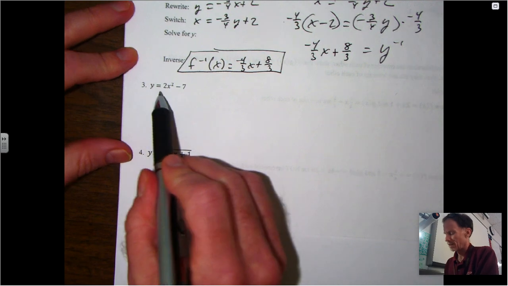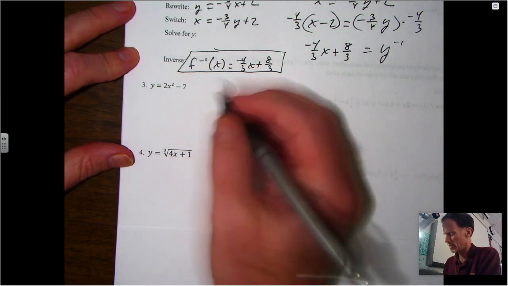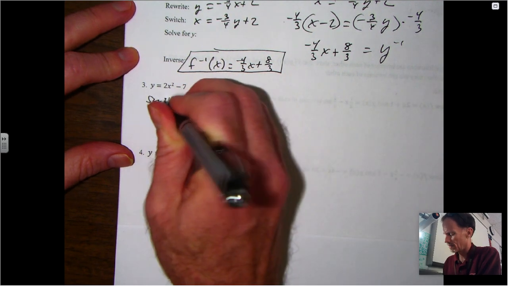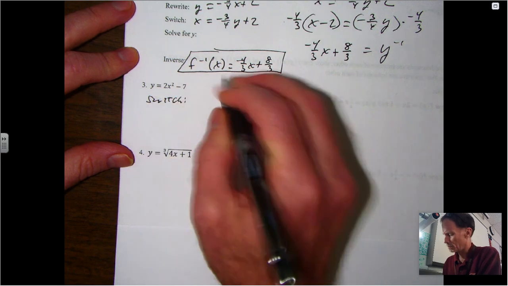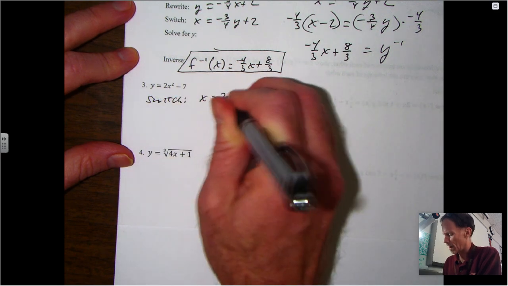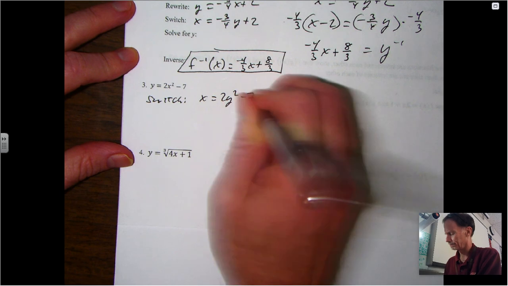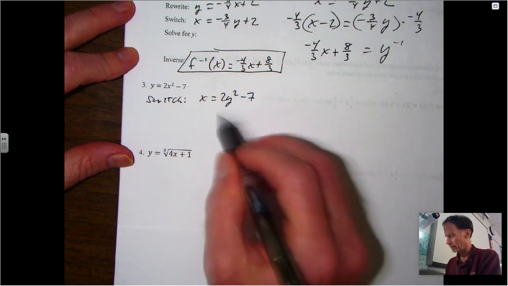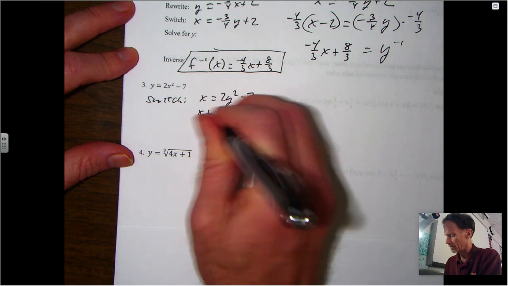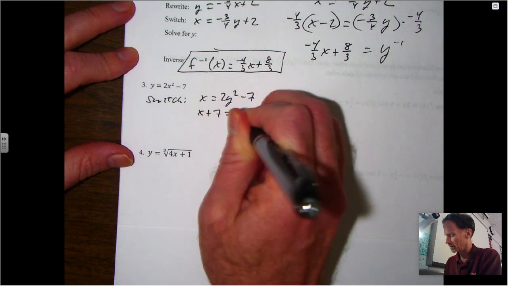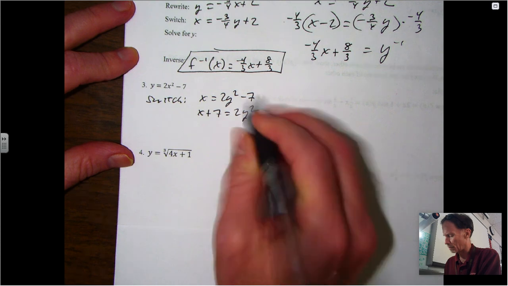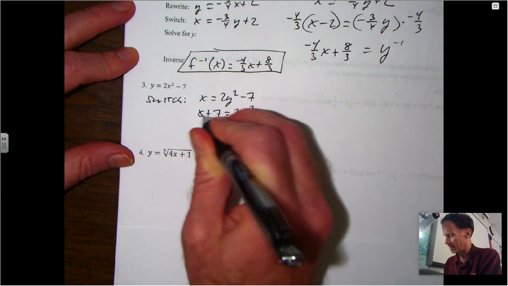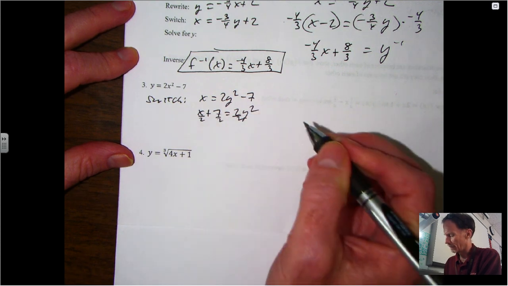So again, all we have to do is switch. We just switch them. We have x equals 2y squared minus 7. Again, get y by itself, so I'm going to add 7 to both sides. Divide by 2, and remember what we said, we want to divide everything by 2.